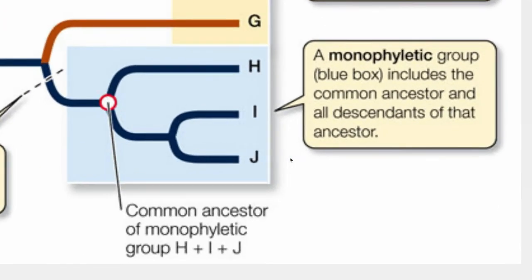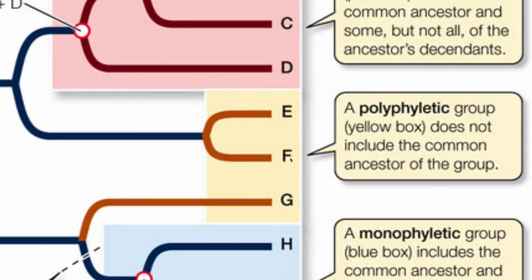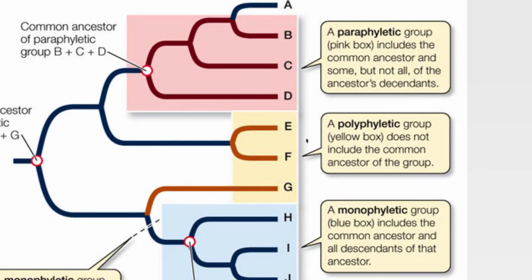If you move up here and look at this group containing E, F, and G, this group in the yellow, this is a polyphyletic group. This group does not include the common ancestor of all of these organisms.